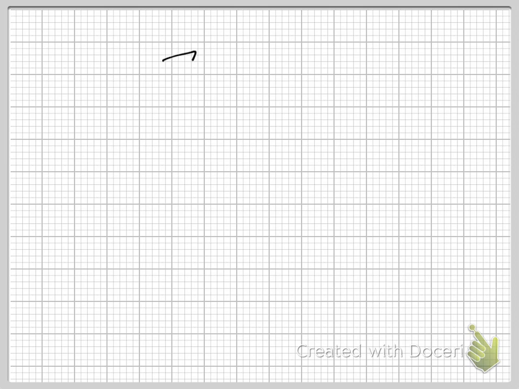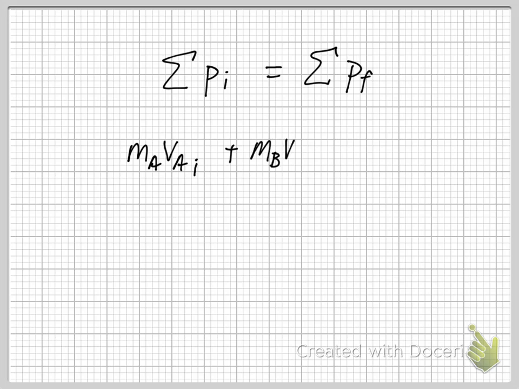Well, if I just use conservation of momentum, initial equals final, then initially I would have MAVAI plus MBVBI. Afterwards, when they're at closest approach, I know they have the same speed.